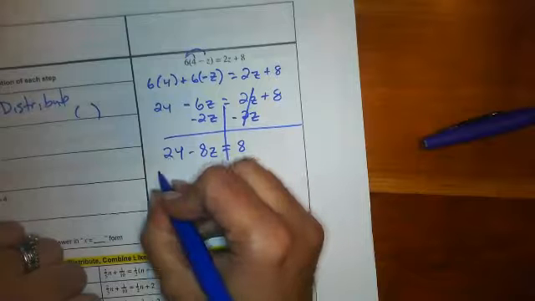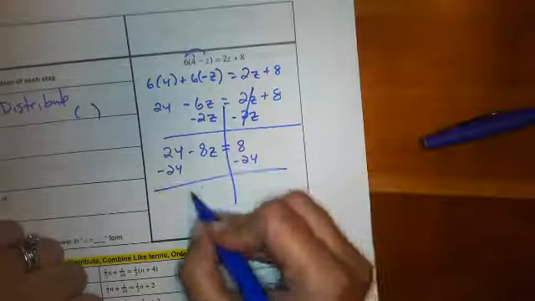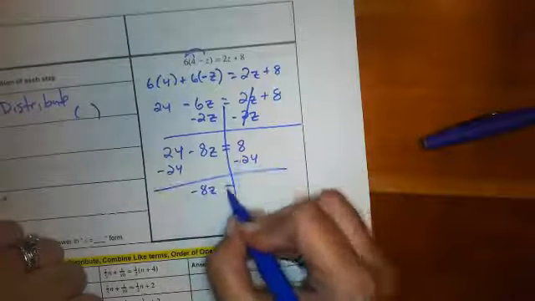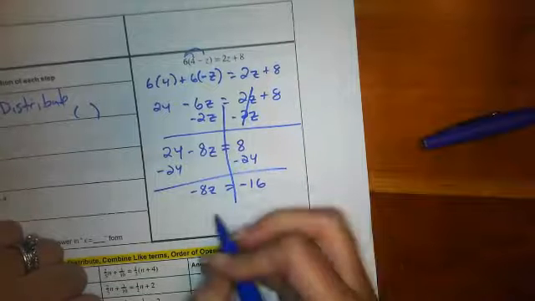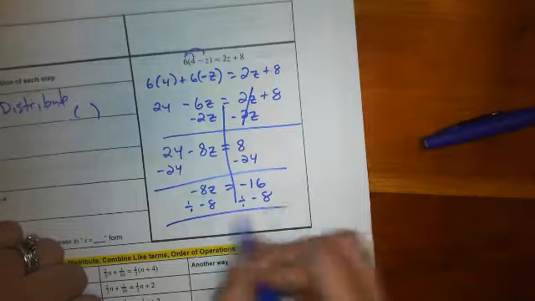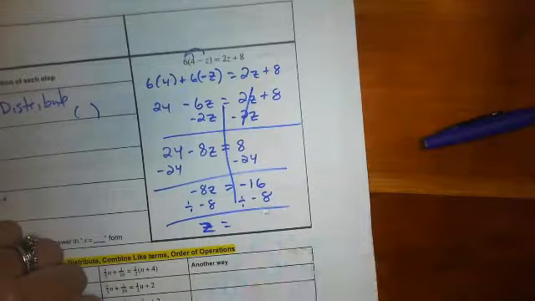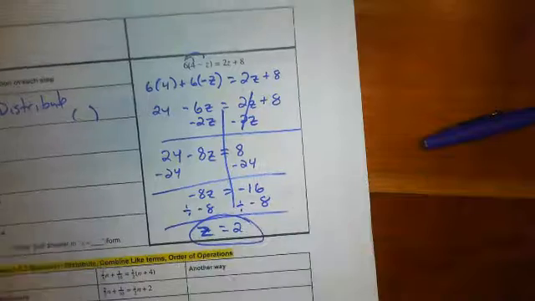It's adding, so I'm going to subtract. I get -8z. Don't forget those signs. Equals 8 minus 24 is -16. My final step, I'm going to divide by -8. z equals, a negative divided by a negative is a positive. So you should get 16 divided by 8, which is 2.